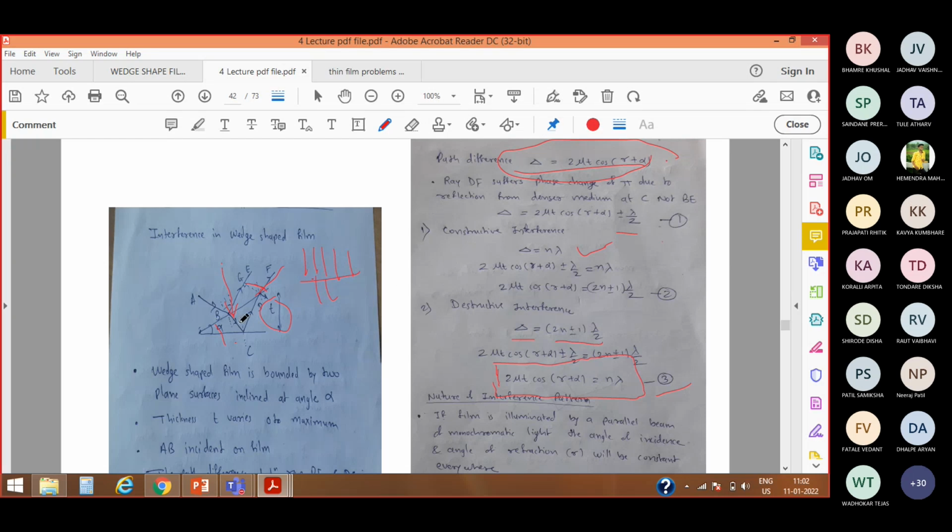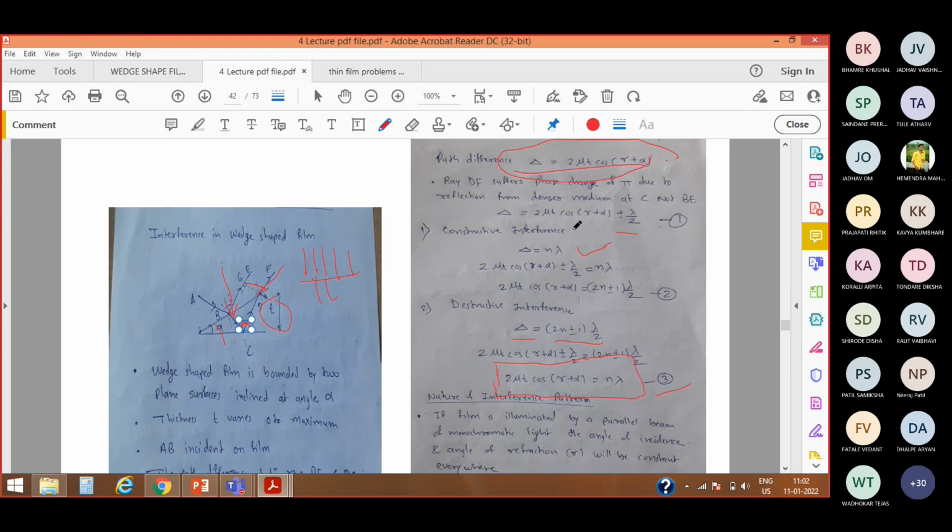This angle is the angle of refraction plus the angle between the two glass plates, that is alpha. I have considered both the refraction angle as well as the angle between the two glass plates.